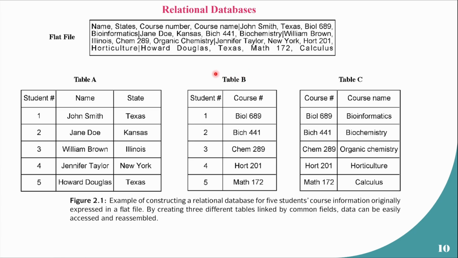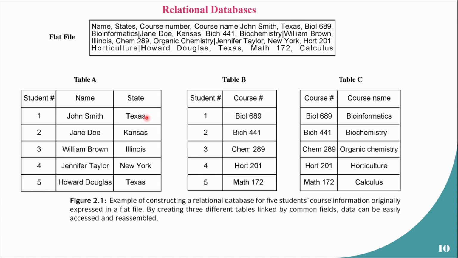So when you give the query to this relational database, okay, give me the courses that the students from the state of Texas are taking, what it will do is that firstly it will search in table A where the state information is located.